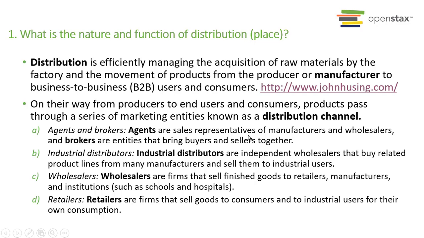Agents and brokers are representatives of manufacturers or wholesalers, and brokers are entities that bring buyers and sellers together. The industrial distributors are independent wholesalers that buy related product lines from many manufacturers and sell them to industrial users. Wholesalers are firms that sell finished goods to retailers, manufacturers, and institutions. And of course, the retailers are firms that sell goods to consumers.